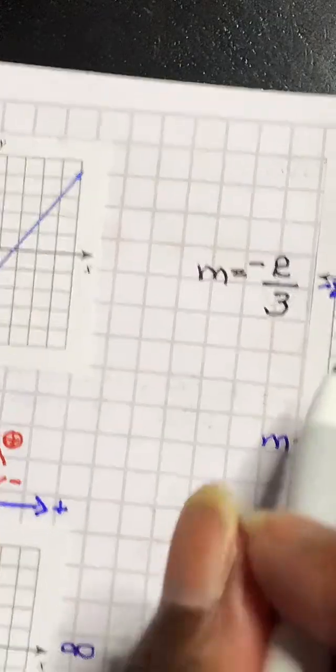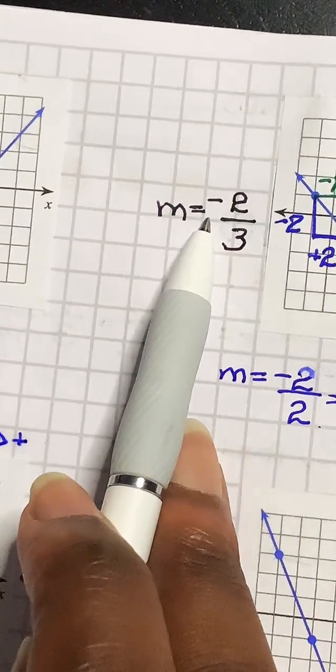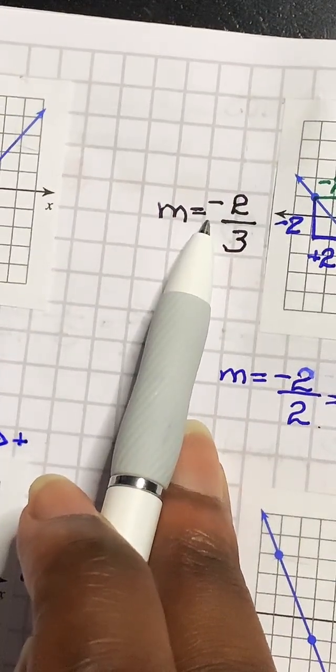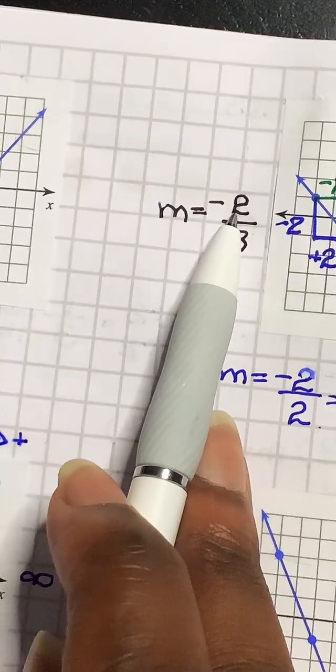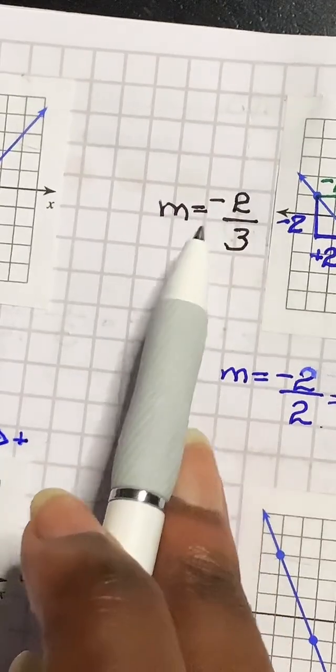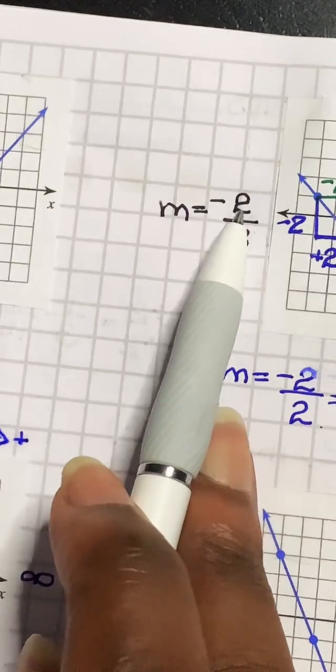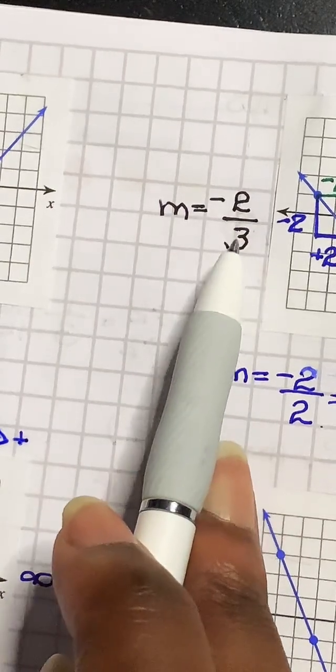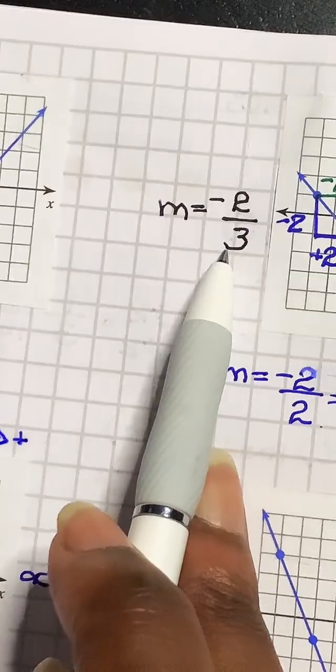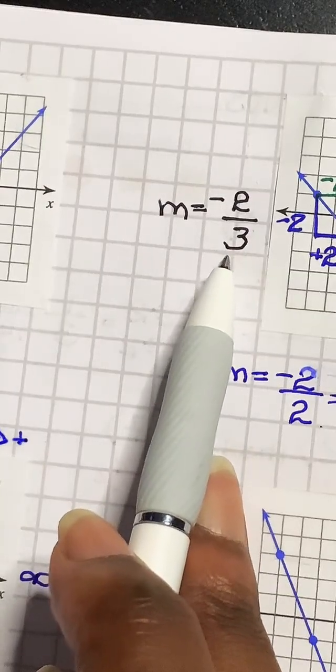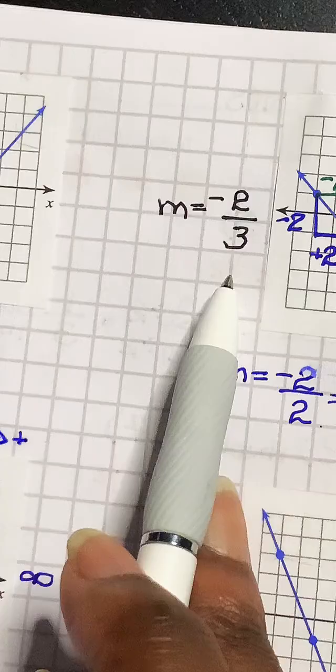I'm just making up another slope. If they put the negative off to the side, the majority of people will just make the numerator negative. But guess what? You get to pick. Is it going to be the numerator or the denominator? It cannot be both. Because if it's both, that means we're looking at a positive slope as opposed to a negative slope.